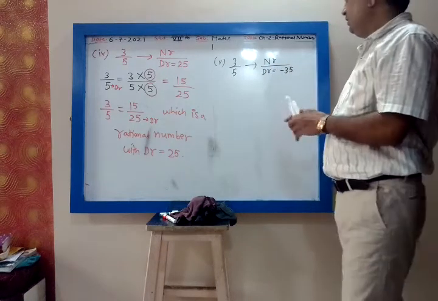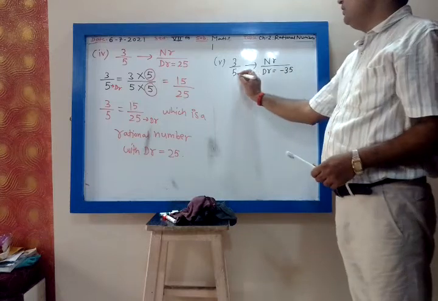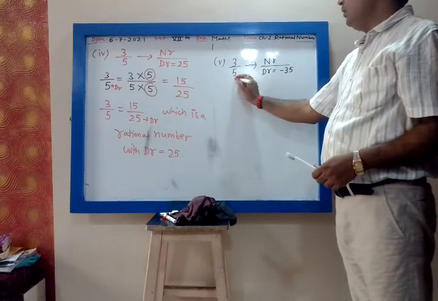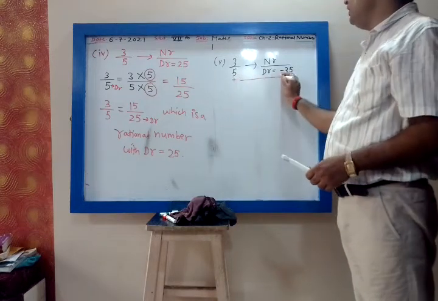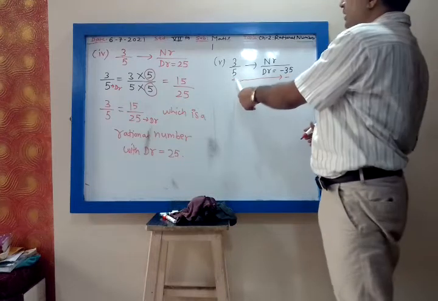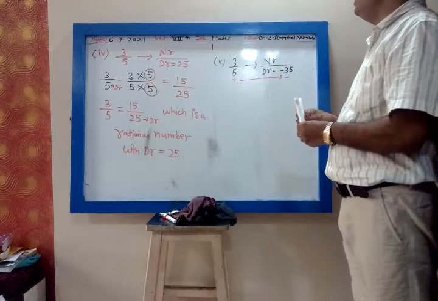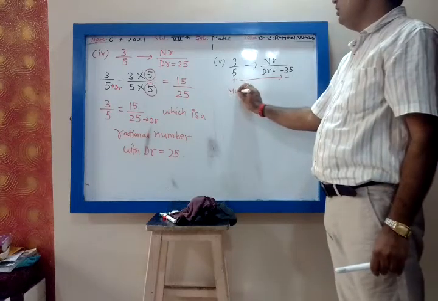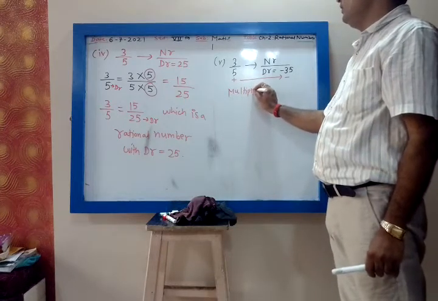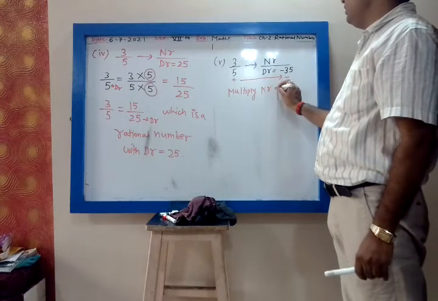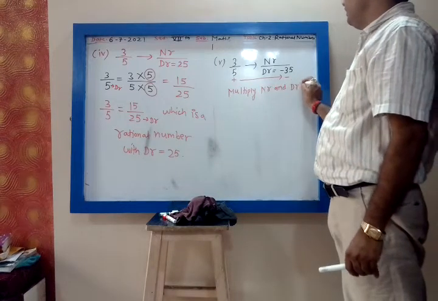Repeating, you want denominator minus 35. This is plus 5, so a positive number becomes negative. So you have to multiply positive by negative. So we know 5 7s are 35. So multiply numerator and denominator by minus 7.